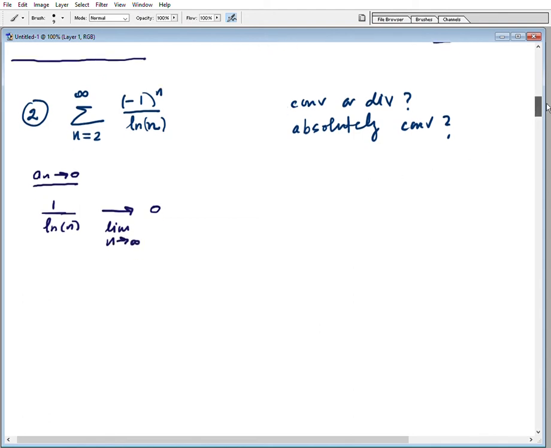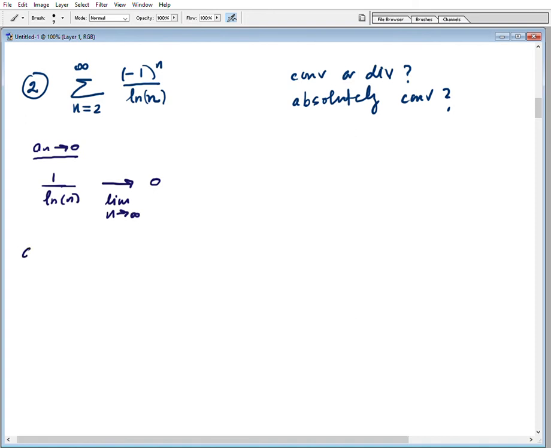So that goes to 0. And now we want to show a_(n+1) is less than or equal to a_n, that the terms are going down. All right, so that's what our main technique will be, looking at f of x and writing the corresponding.